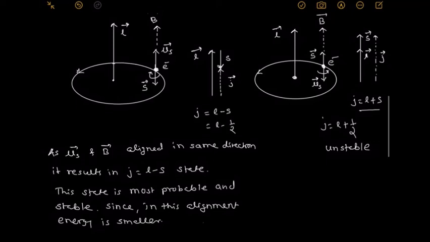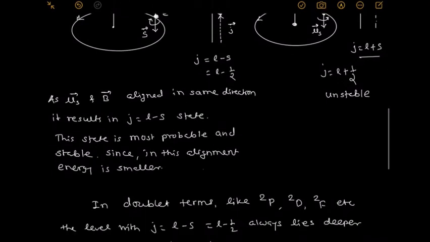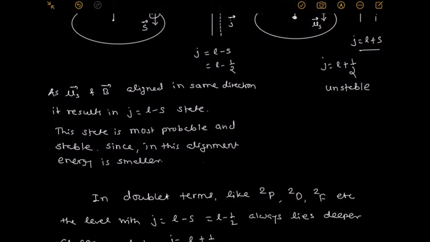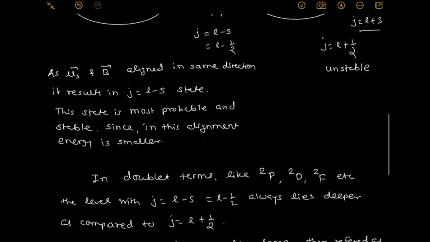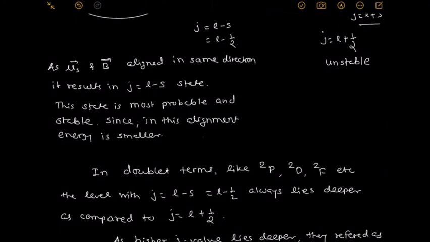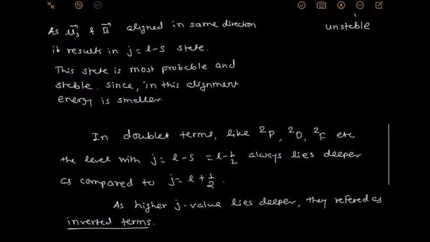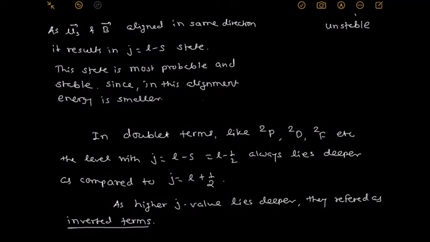It results in the most probable state, which has less energy, and a less energy state is more stable. Therefore, it always lies deeper as compared to the other, J equal to L plus half state.